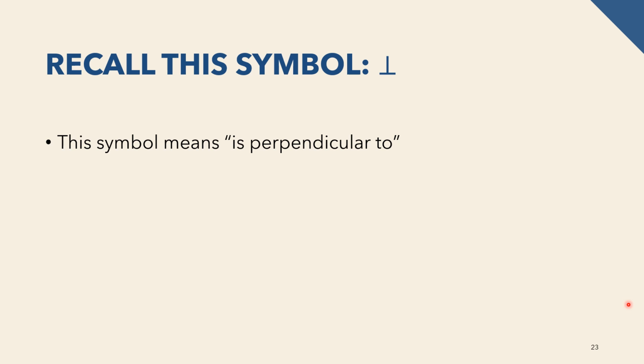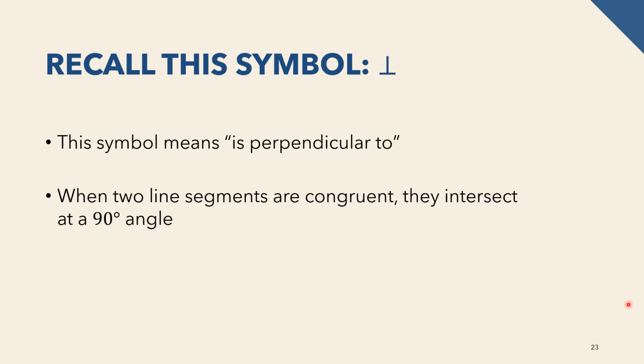If two line segments are perpendicular, then they intersect at a 90-degree angle. That's important. Remember, 90-degree angle, that's our right angle. So if two line segments are perpendicular, that tells us that they are going to intersect and form a right angle.